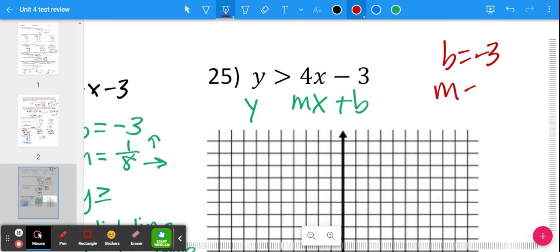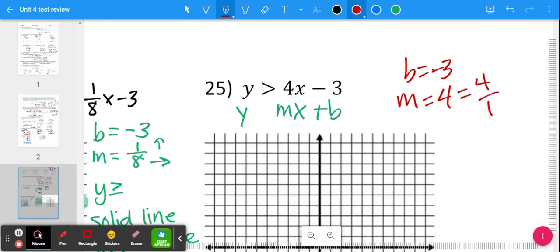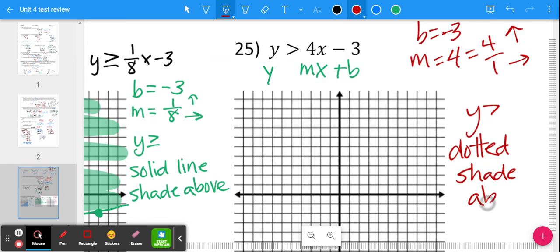Our m is 4, which can be rewritten as 4 over 1, because 4 divided by 1 is still 4, which means we're going to go up and to the right because it's a positive slope. And from there, we know it says y is greater than. So it's a dotted line, and we shade above because it's greater than.